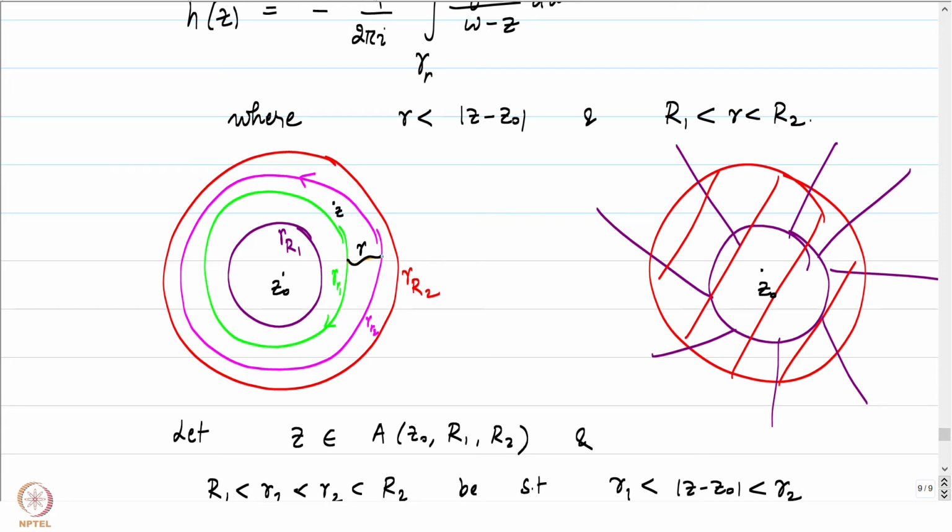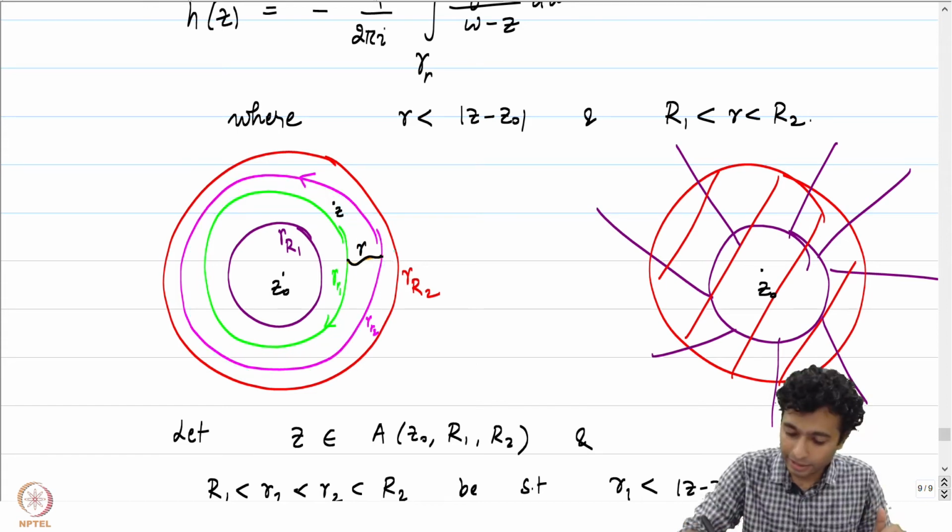The idea is that you go along this curve, this is the starting point, and then at every stage you go along this curve and then come back in this curve.